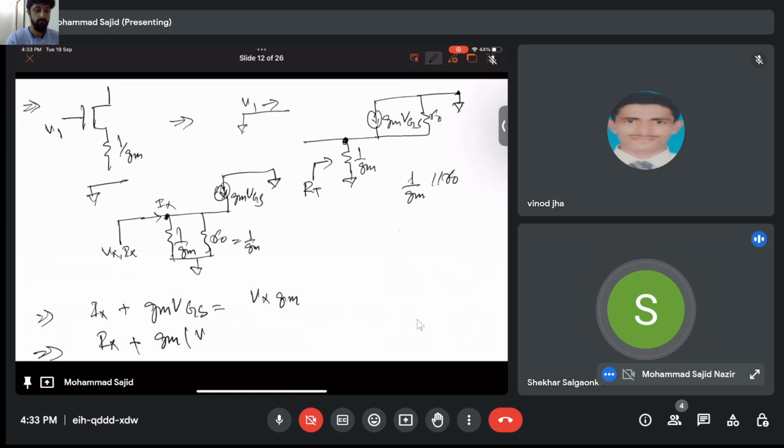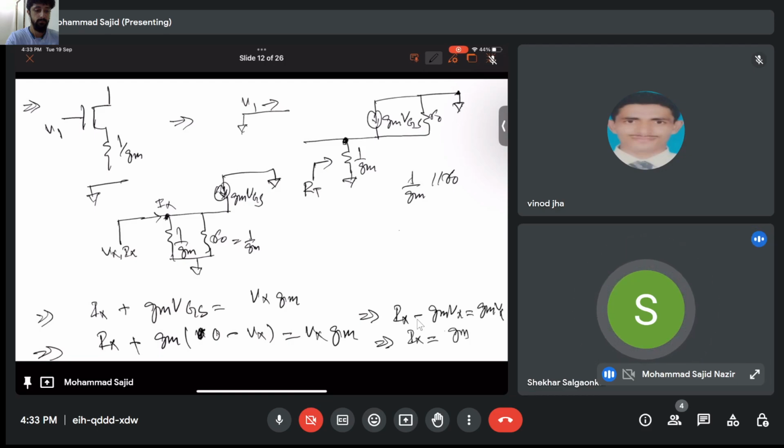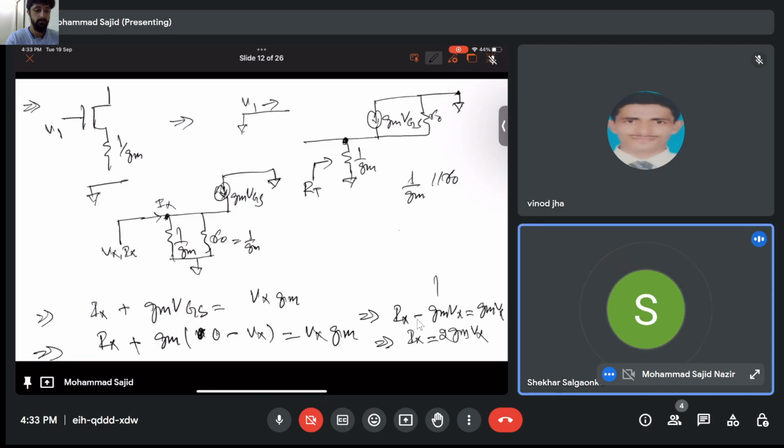Now this is plus GM VGS. VGS is VG, that is 0, minus VS. VS is again Vx. So this will be GM Vx. So Ix is equivalent to 2 times GM Vx.